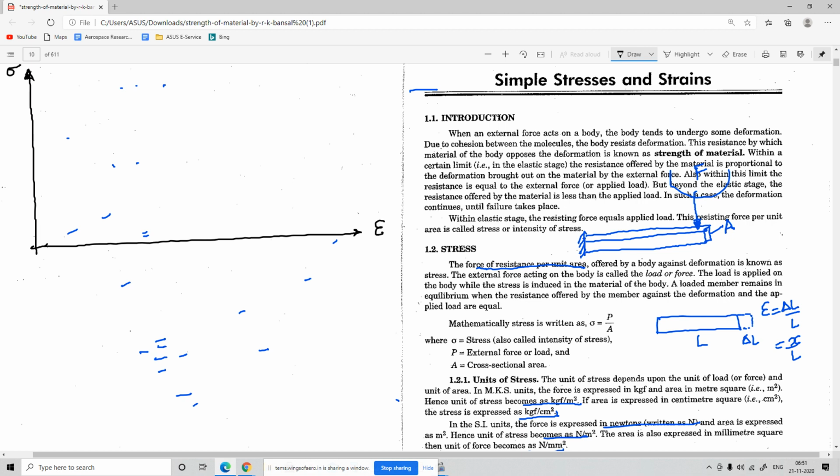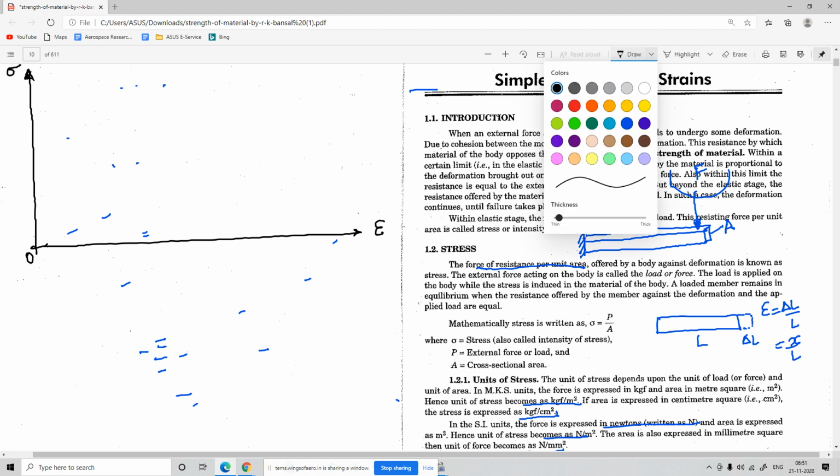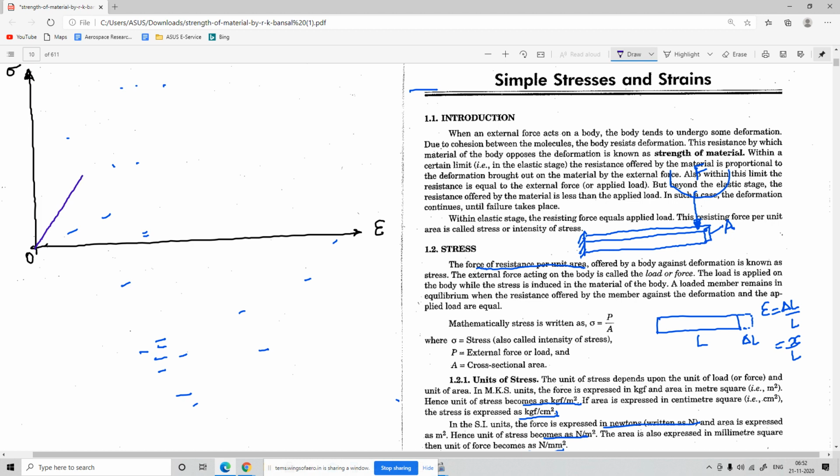From this point 0 I'm stretching. Here we have some of the significant points.